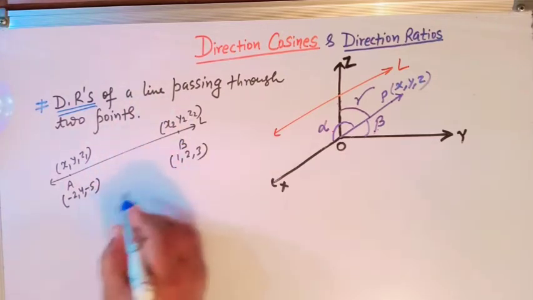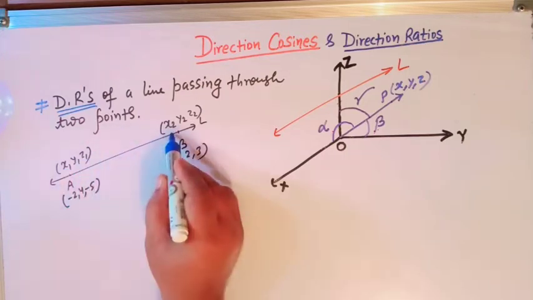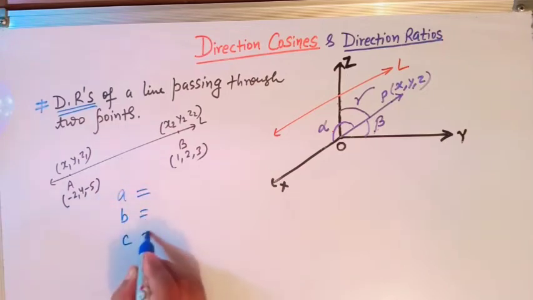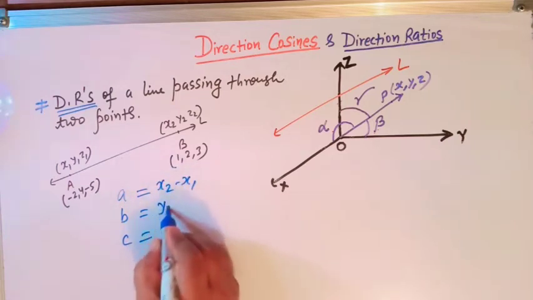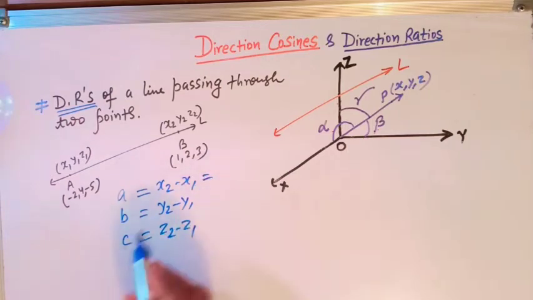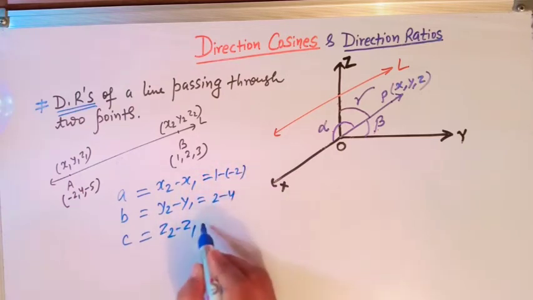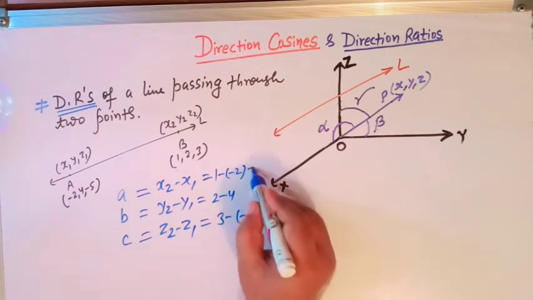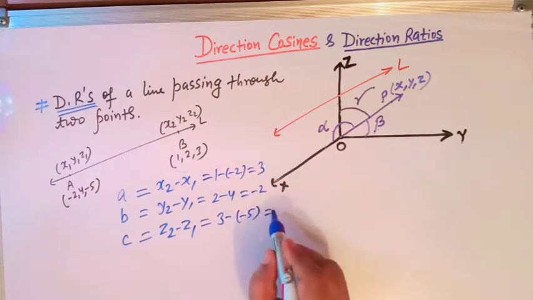The direction ratios of a line passing through 2 points x1 y1 z1 and x2 y2 z2 are given by A, B and C, and the direction ratios are x2 minus x1, y2 minus y1 and z2 minus z1, right? So here x2 minus x1 is 1 minus minus 2, this is 2 minus 4, and z2 minus z1 is 3 minus minus 5. So this is 1 plus 2, that is 3, this is minus 2, and this is 8, right?